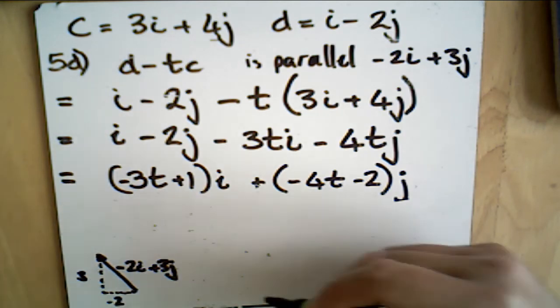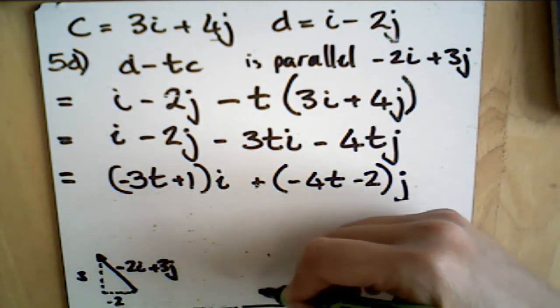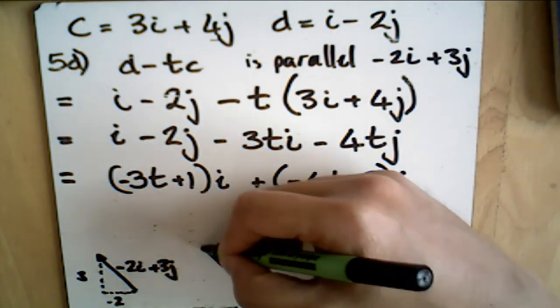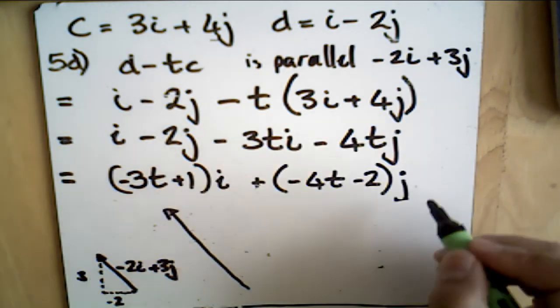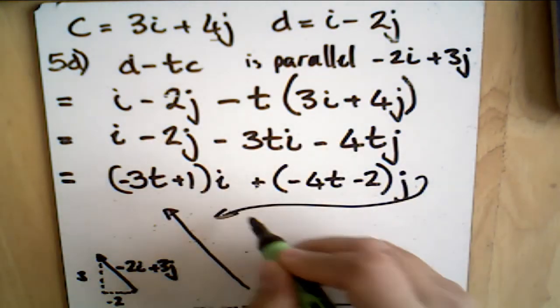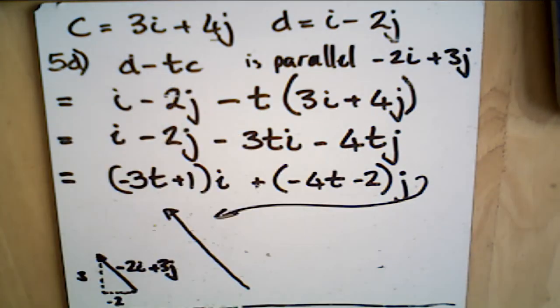And if I now look at my other vector, the one which I've worked out here, which is this d take away t lots of c, that vector is also parallel to this one.